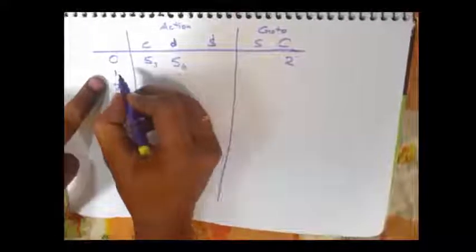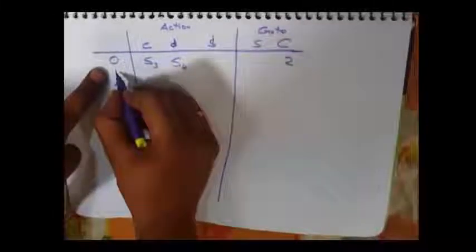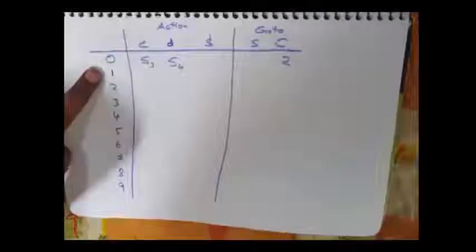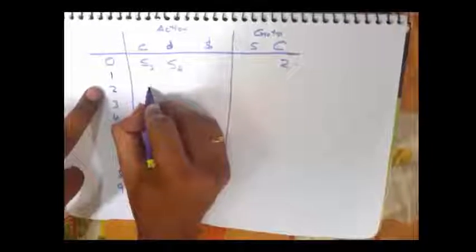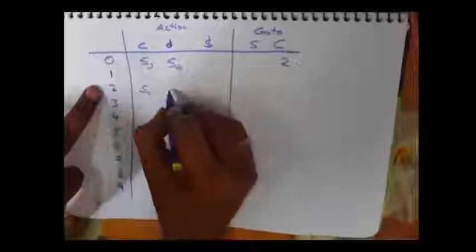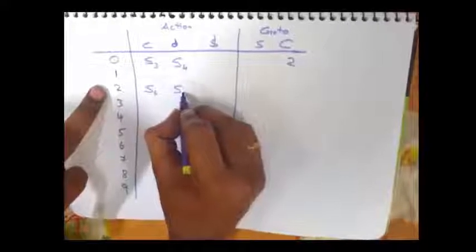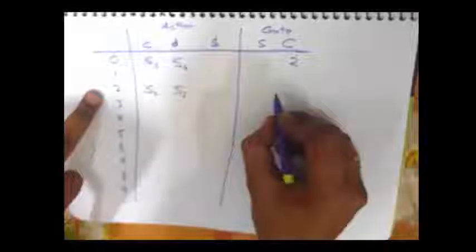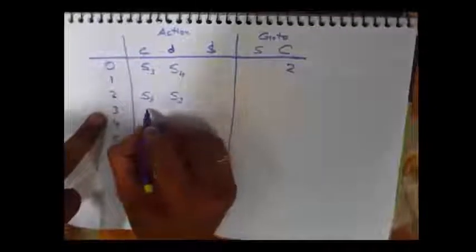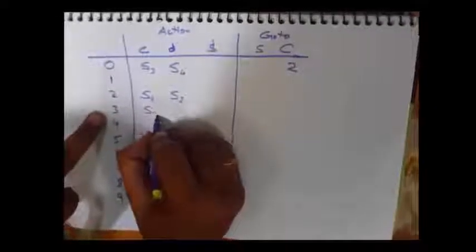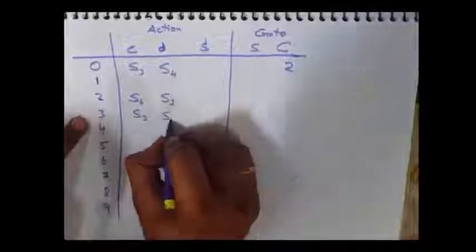First, coming to the second state, there is a transition on C which gives S6, and for D it gives S7, and there are no transitions for S and C, just leave it. For the third state, there are transitions on C and D, which are S3 and S4.